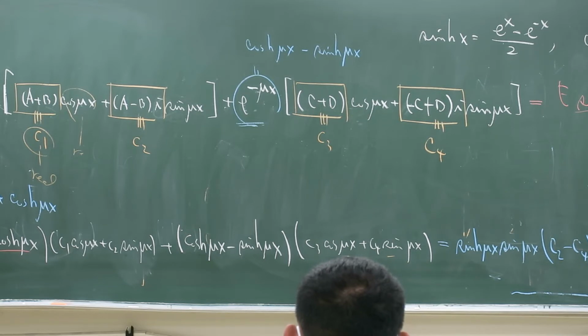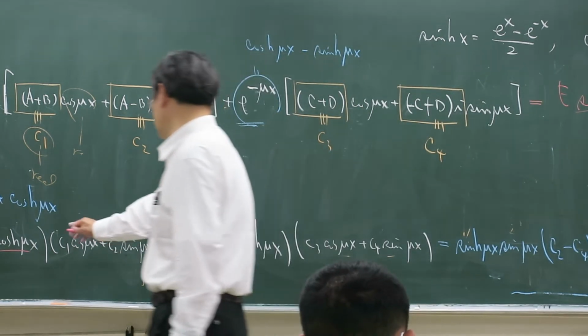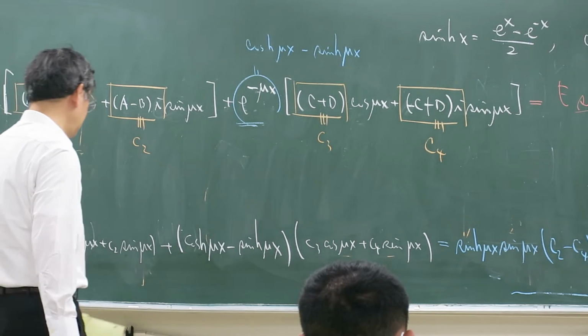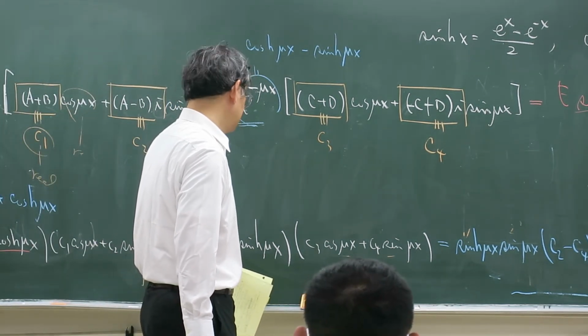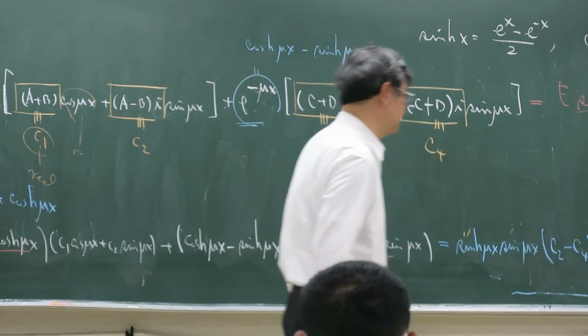Similarly, we have hypersine mu x cosine mu x. Hypersine cosine, hypersine cosine C1 minus C3.